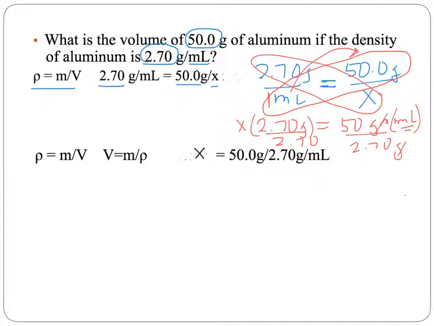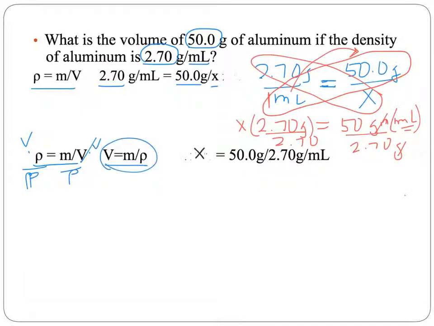You can also, though, rearrange the problem if that's more comfortable with you. So you can go from density equals mass divided by volume to taking volume equals mass divided by density. To get there, you multiply both sides by volume. So we times volume. You cancel out these volumes. You divide by rho, and you end up with this as your formula.